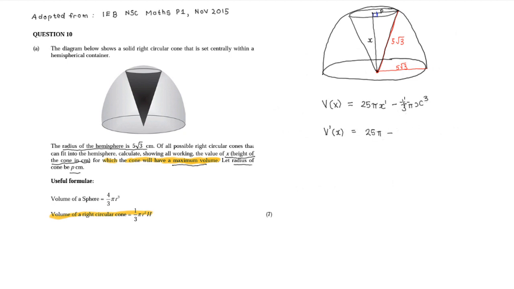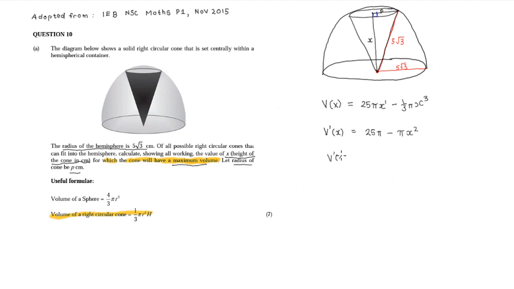Then over here you're going to have minus 1/3 times 3, which is 1, times pi times x to the exponent 3 minus 1, which is x squared. So then you're going to have minus pi x squared. Now we have our v prime, or our derivative function.